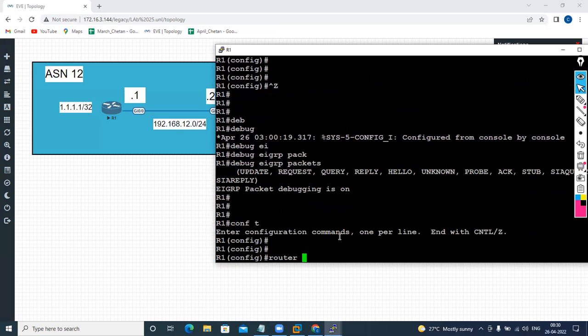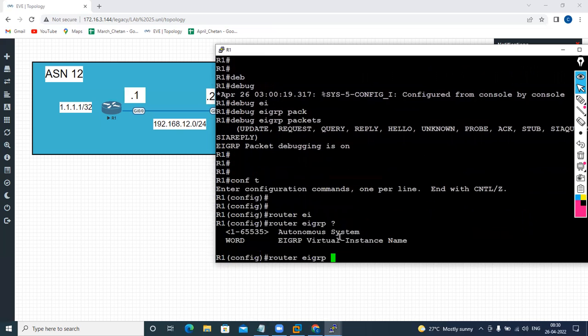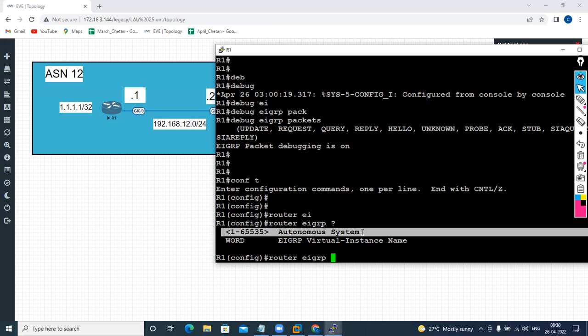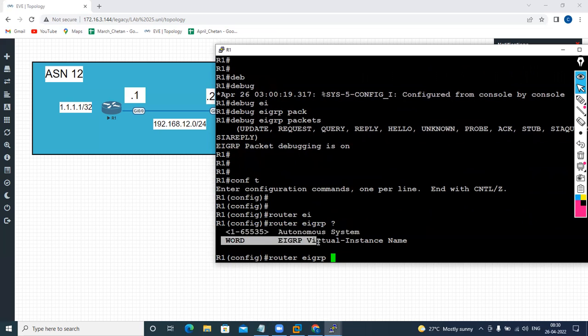So router EIGRP, to mention the autonomous system number. So this is your classic mode. What we are using is classic mode. We have named mode as well. We'll discuss it later. And the ASN must match on both the routers in order to form adjacency.